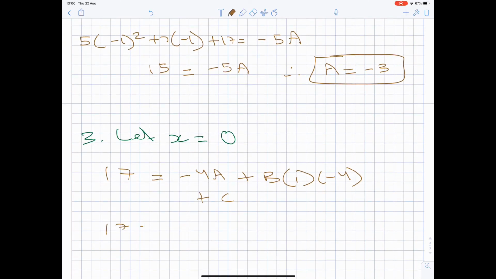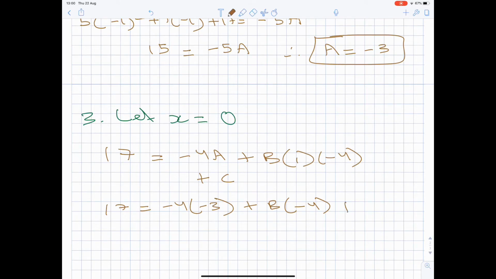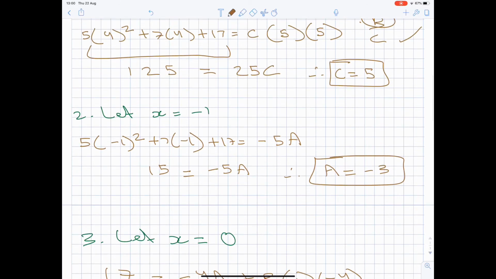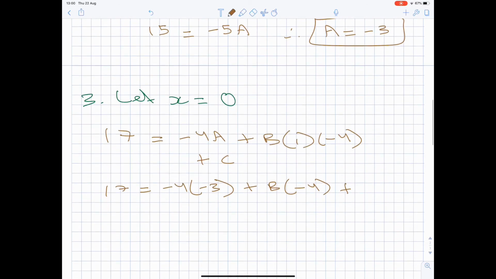So breaking this down now, we know what A is already because we solved it already. That's minus 3, so that's minus 4 times minus 3 plus B. Well, that's what we're solving. So that's minus 4 plus C. We've also found C already, which was 5, so we're just going to put 5 in straight away. Leave the left hand side as it is.